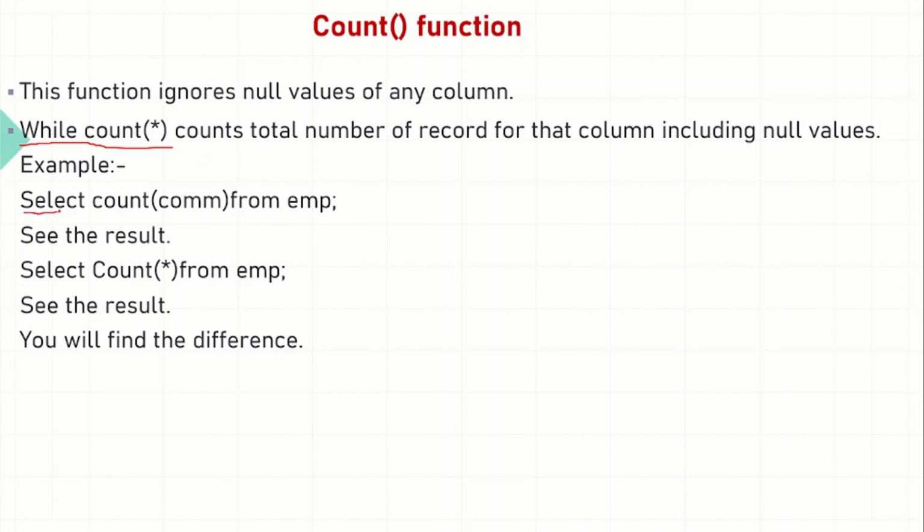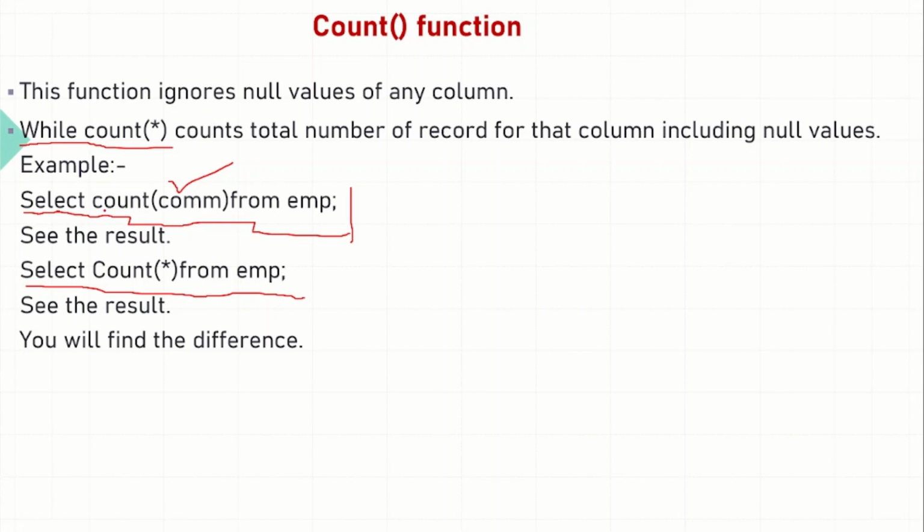Like if we use select count of commission from the EMP table, wherever there is no commission, that row will not be counted. Means if I want to know the number of people getting commission, this can answer very well. It will not count null. And this will count, suppose I want to know the number of employees working or the number of records available in a table. So that way you can understand count with a particular column.